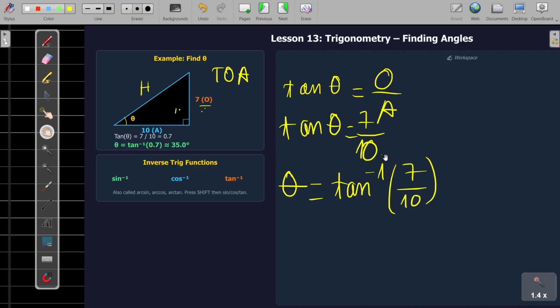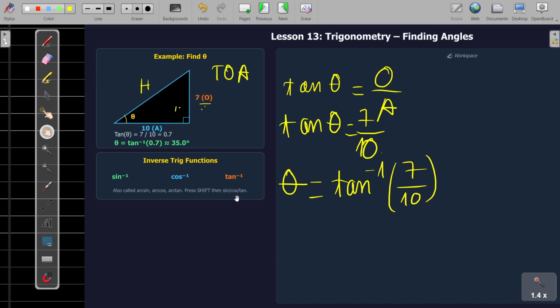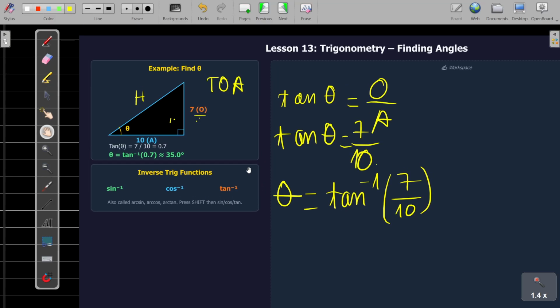Now on your calculator, you usually have to press shift or second and then the tan button, to get the little -1. I don't have the calculator, I'm sorry. If you use shift and then sin, cos, or tan, you will usually get an inverse function, and then you plug in your fraction, and it will output the angle.